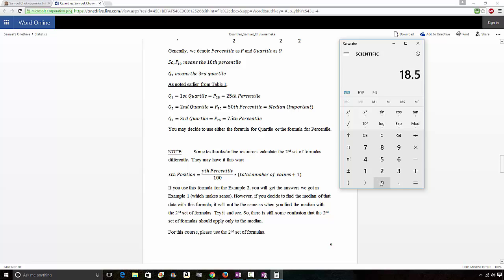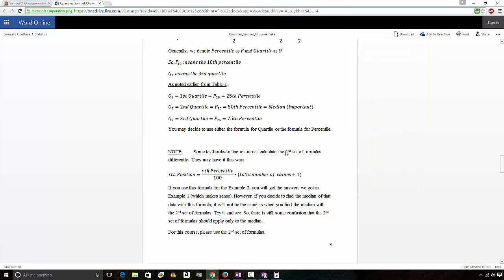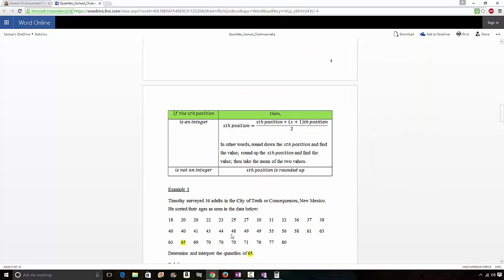But if we did 0.5 times 36, we would still be getting the 18th and 19th positions to give us our median, which is 44 plus 48, 92, divided by 2, 46. But if we did 0.5 times 37 with this formula, we get 18.5. Round it up, 19th value, and the 19th value is 48.